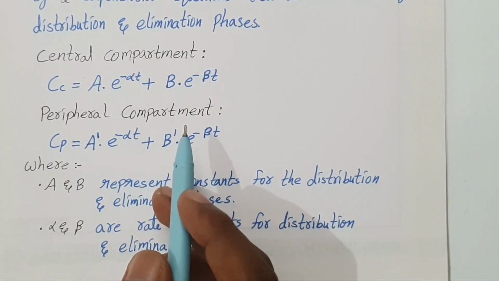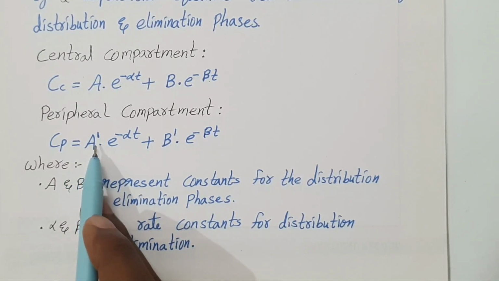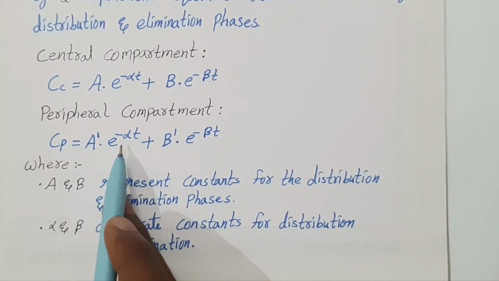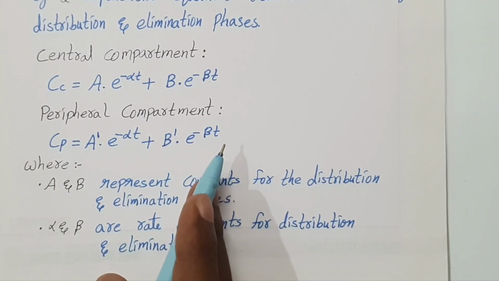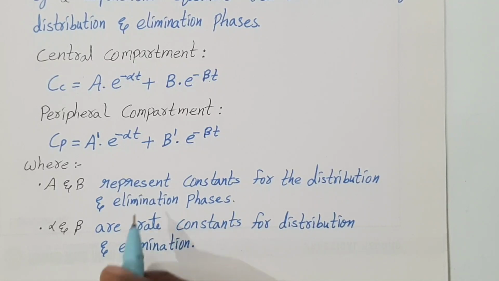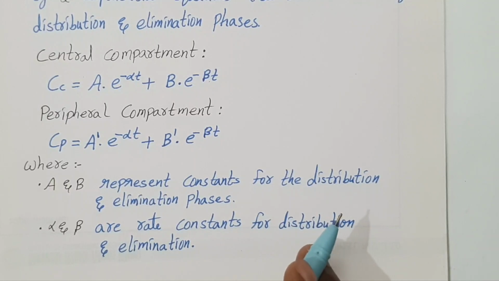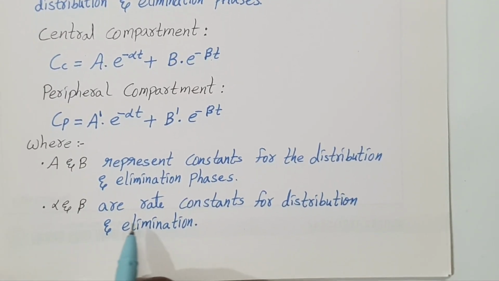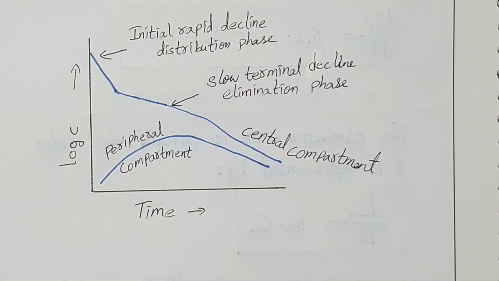For the peripheral compartment, Cp equals A prime into e power minus alpha t plus B prime into e power minus beta t, where A and B represent constants for distribution and elimination phases, and alpha and beta are the rate constants for distribution and elimination.